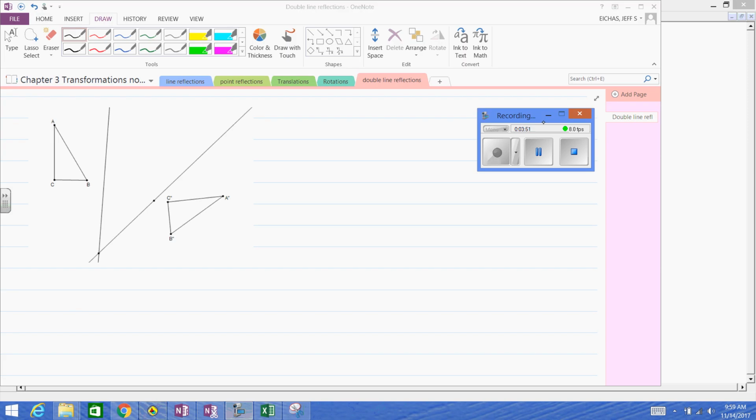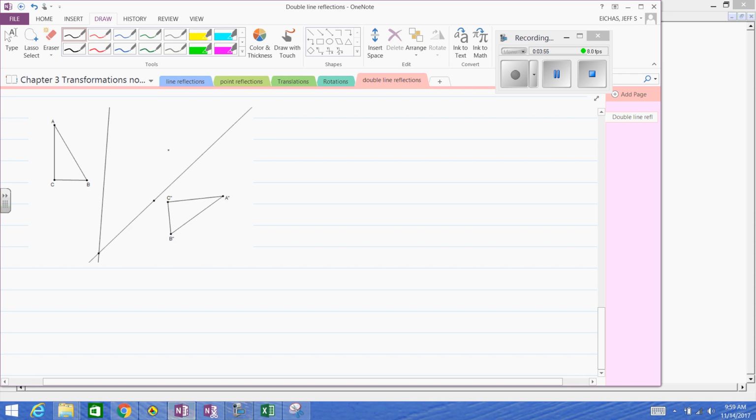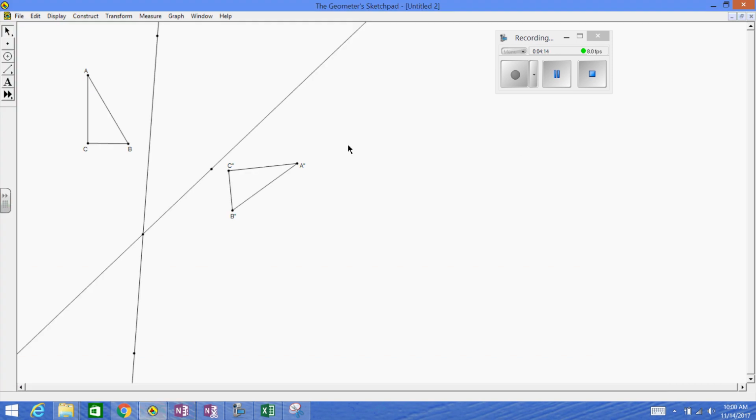Okay, so what we have right now, we're just going to summarize this, write down some notes on it. So if this is the pre-image, okay, and this is the final image after two line reflections where the mirrors were not parallel, what we claim is that it was a rotation. Okay, let's get back over there. There we go.